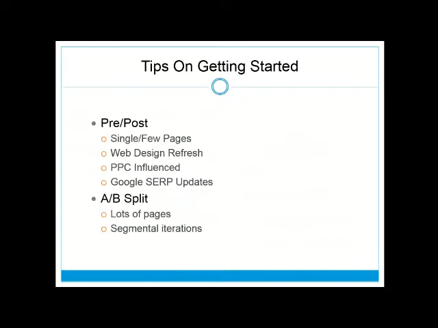And then segmental iterations too. When you do these A/B split tests with these pages, you do want to make these tests one thing at a time. If you do multiple things at a time on these pages, say for example, the product team's rolling something out, and then you're doing a title tag test, or you're doing a content refresh, and then somebody wants to remove inventory or add inventory, etc. I mean, there's just so many things going on that it becomes hard to attribute any improvements or losses or whatever.